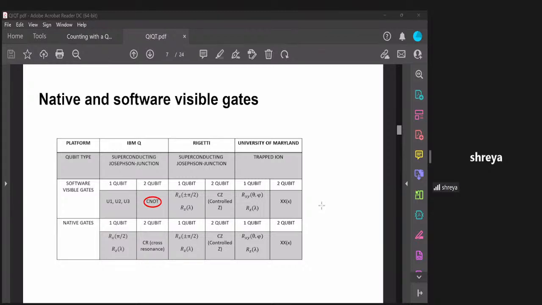And the native gates here are the gates that are implemented on the quantum level on their devices, the actual hardware. You can see these are pretty different from the software visible gates. So there is a mapping that occurs in between that transforms the single qubit software visible gates in terms of the native gates, and the same for the 2-qubit gates.